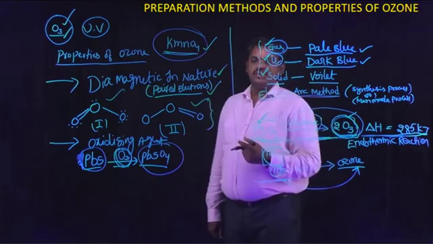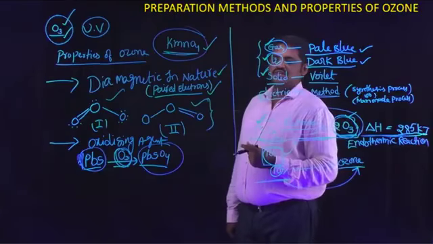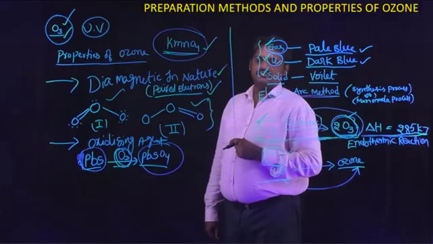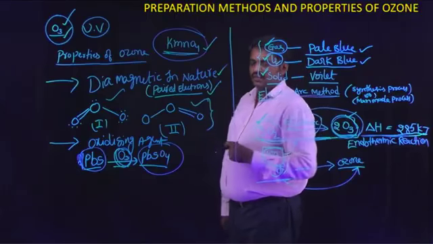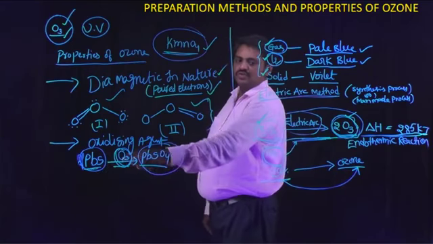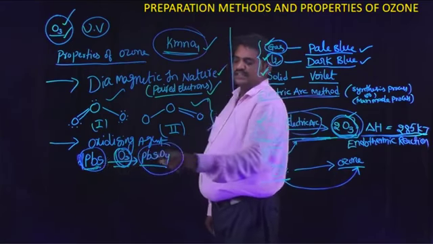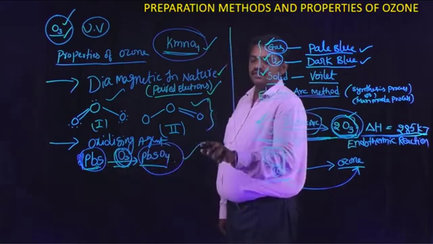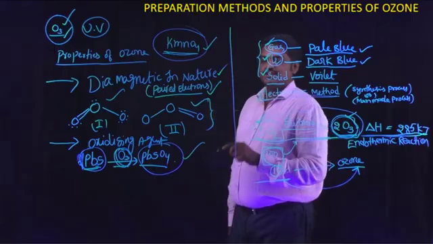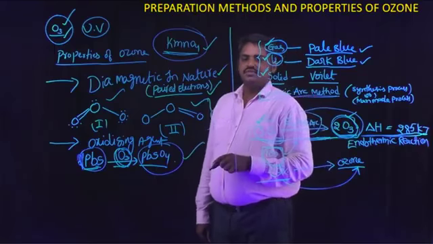Generally, ozone molecules are used as the best oxidizing agents. For example, lead sulfide reacts with ozone and is converted to lead sulfate. The addition of oxygen atoms is known as the oxidation process.